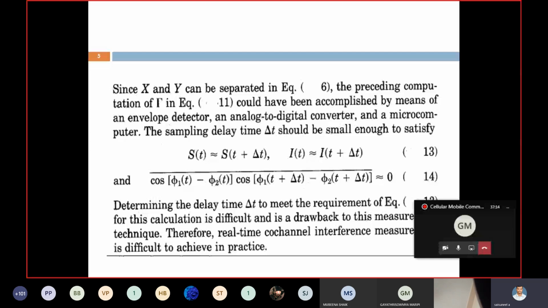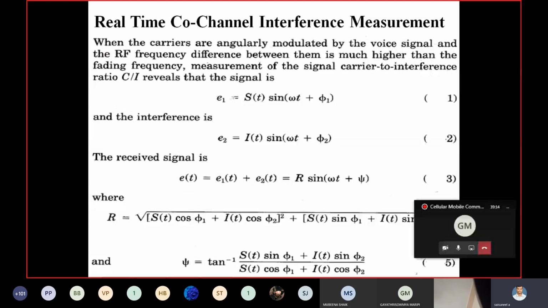What are the steps we have to take here? In today's class, for real-time coherent interference, we have to take two signals. The first signal is the original signal, the second one is the interference signal, and the third one is the received signal, which is equal to the original signal plus the interference signal. To simplify the received signal, we go for some derivation. With one derivation, we finally get the x and y values.